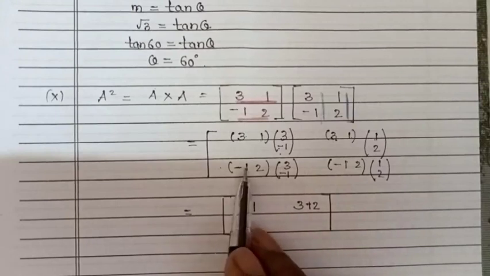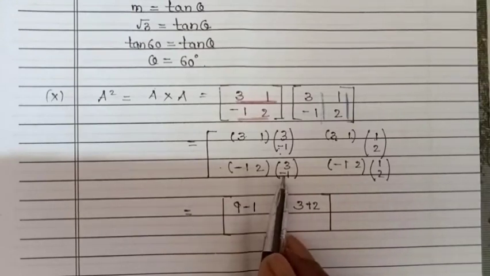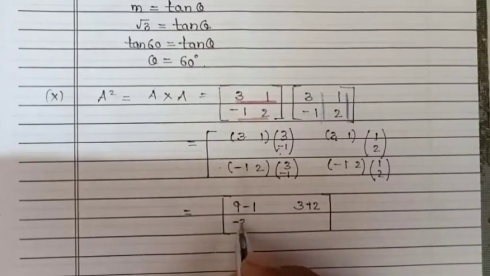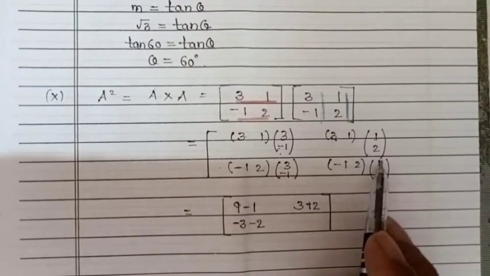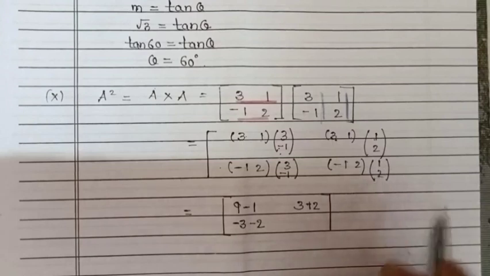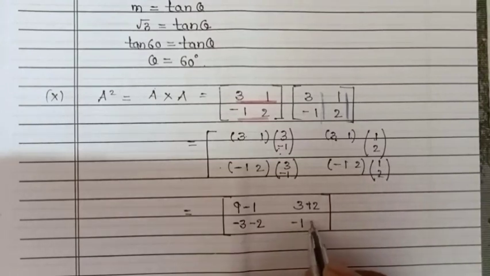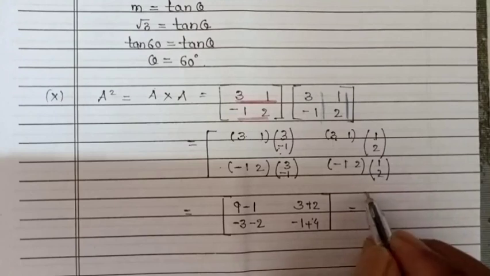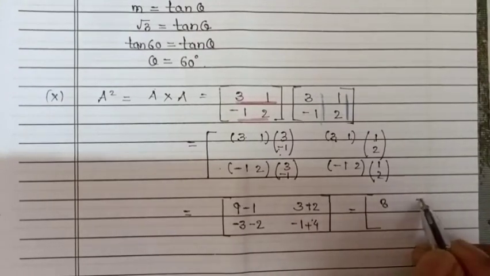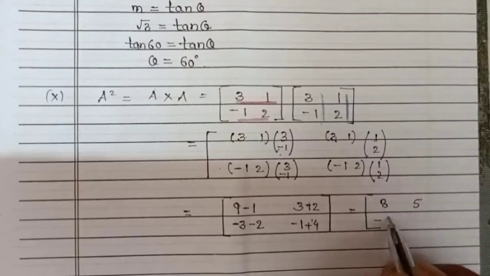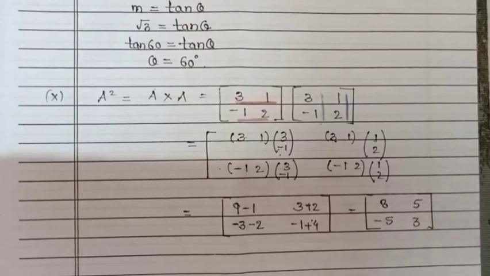This will give you minus 3 and minus 2. And this one will give you minus 1 and 2 2s are 4. So finally A square will give you 8, 5, minus 5 and 3. So this will be your result, see.